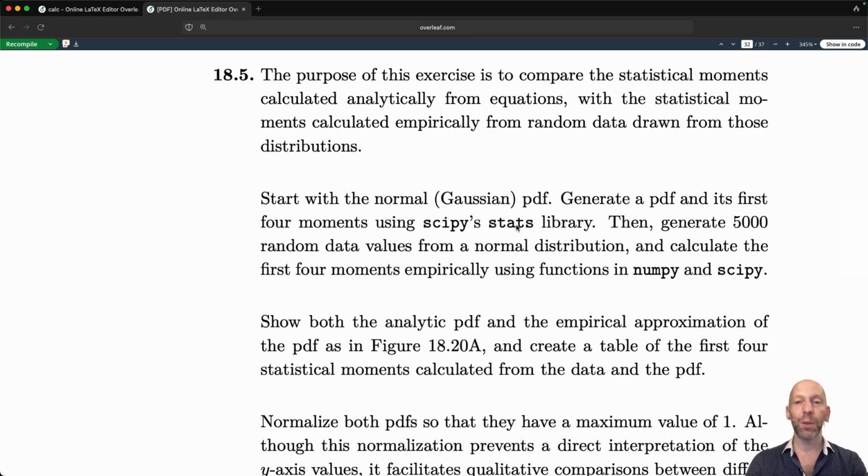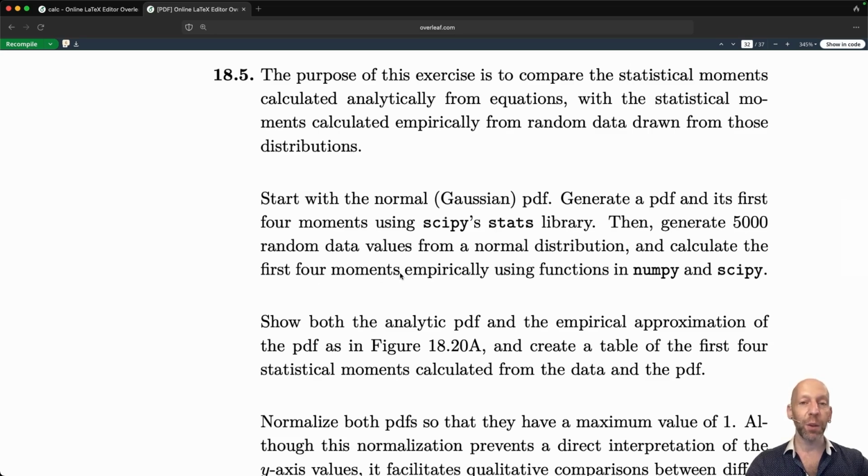And then you want to generate 5,000 data points that are randomly drawn from a normal distribution. And again, calculate the first 4 moments empirically based on these 5,000 random data points drawn from the same normal distribution. So the empirical moments and the theoretical analytic moments should line up quite closely, maybe not perfectly because we are working with random numbers, but they should be pretty consistent with each other.